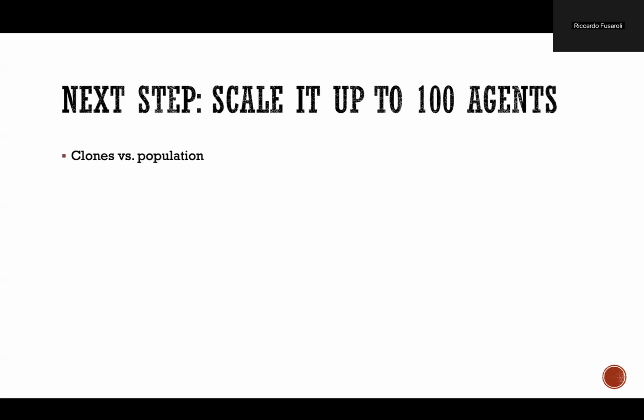There's two possibilities. They can be perfect clones of each other. We give them a rate of 0.7 for the random agents, or we give them a noise level of 0.2 for the win-stay-lose-shift agents. And that's it. Every agent is the same. Or we can model it as a population.